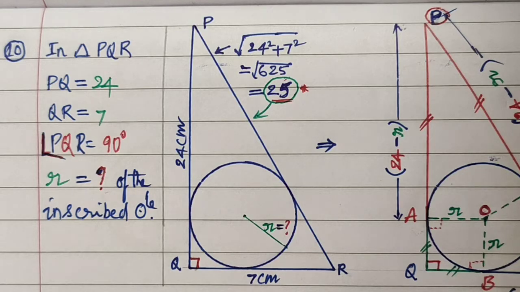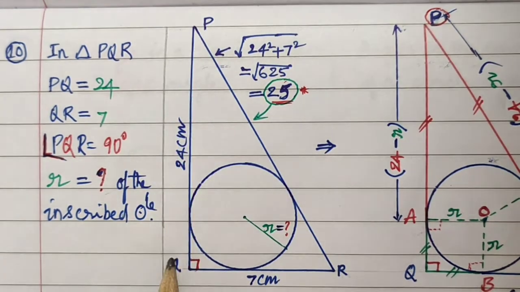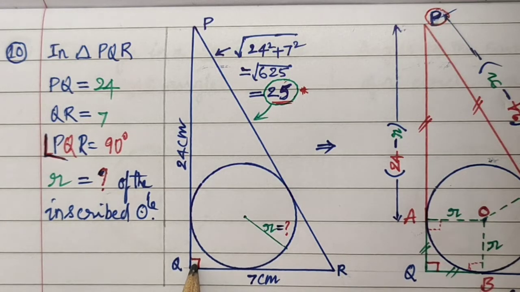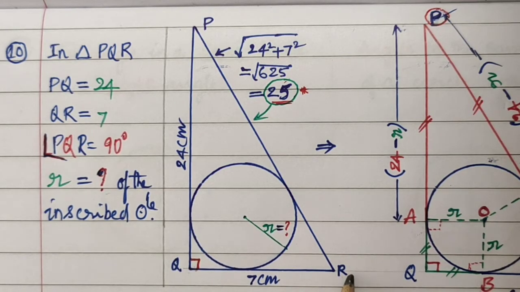The circle is inscribed inside the triangle PQR. They have given this one side PQ as 24 centimeters, angle PQR as 90 degrees, and QR as 7 centimeters.